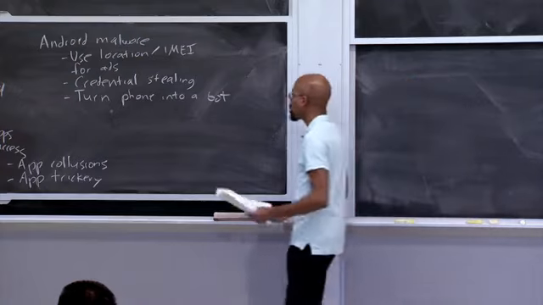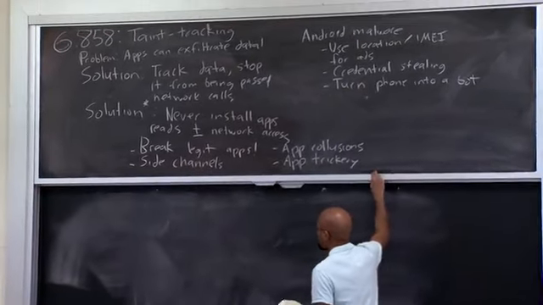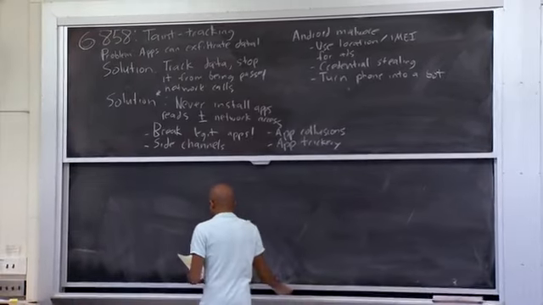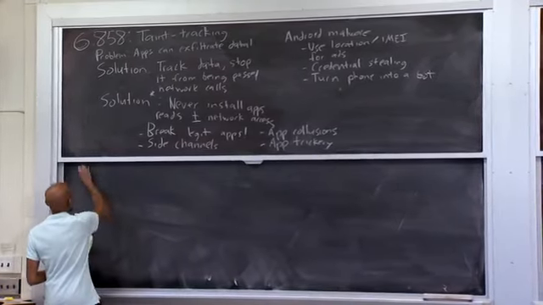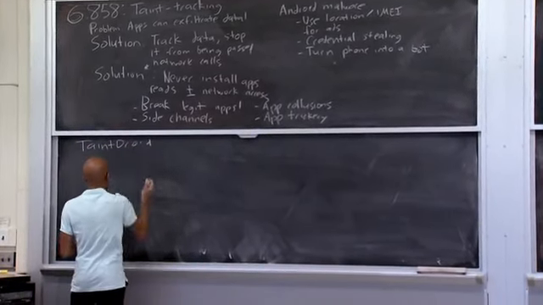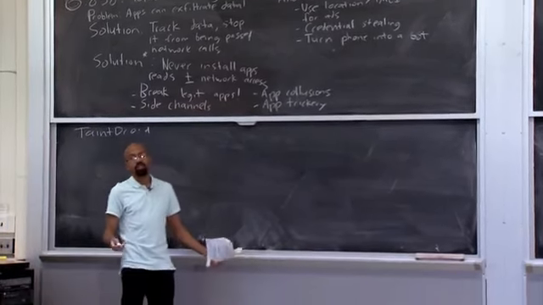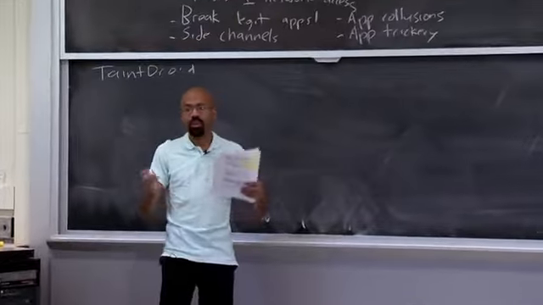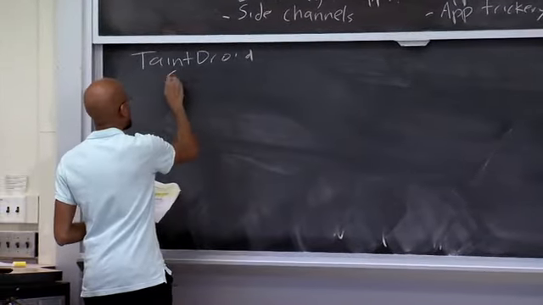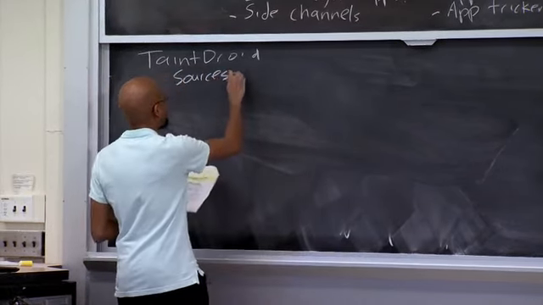All right, so how is TaintDroid in particular going to work? As I mentioned before, TaintDroid is going to track all of your sensitive information as it propagates through the system. And so TaintDroid distinguishes between what they call information sources and information sinks. So these sources are things that generate sensitive data.